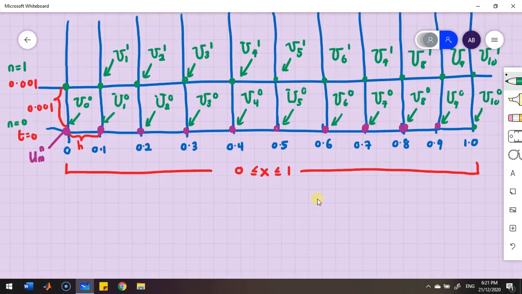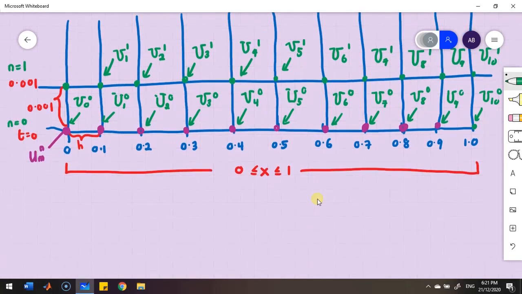Now, in certain books, instead of writing U10, you can also write them as U1,0.